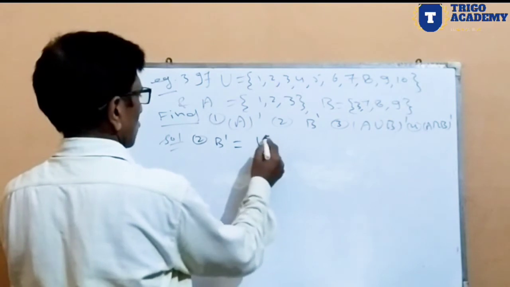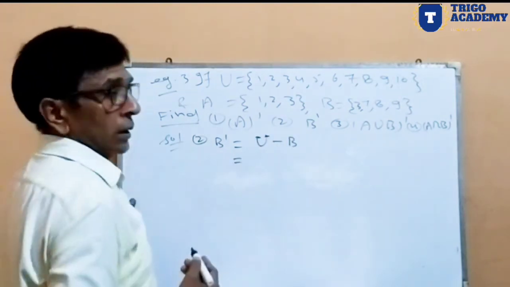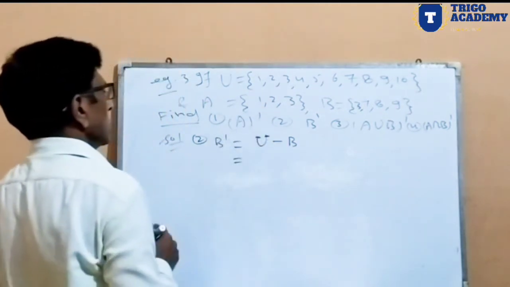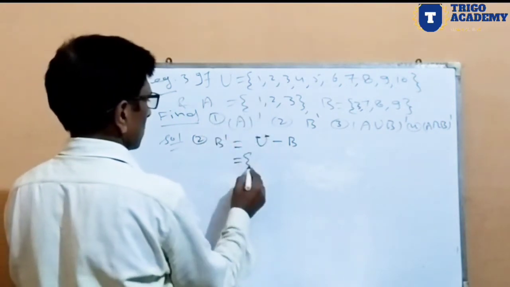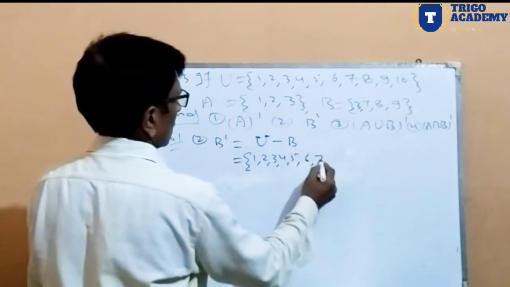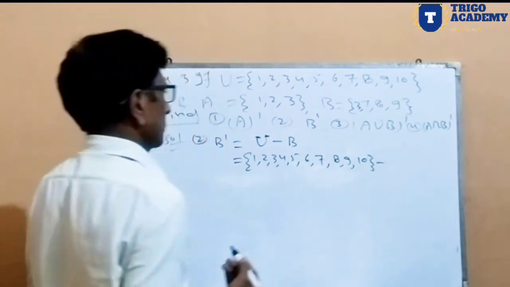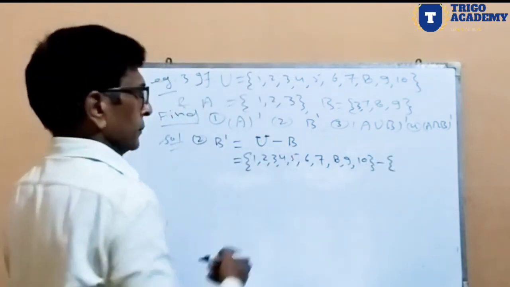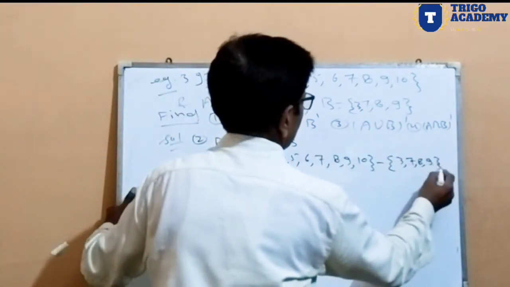So B dash is also equal to U minus B. Similarly, first we take the elements of U, 1 to 10, and after that we subtract the elements of B: 3, 7, 8, 9.